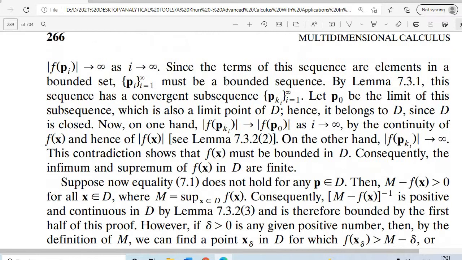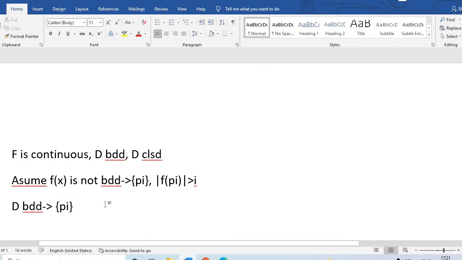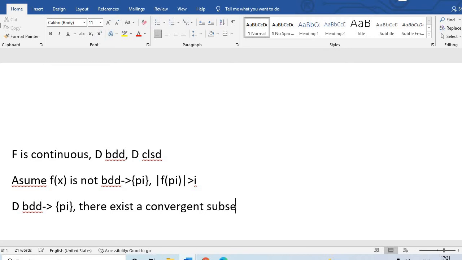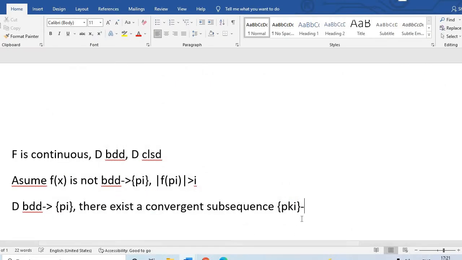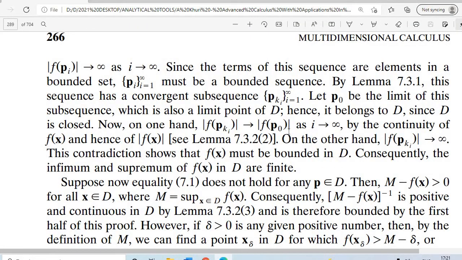So this sequence will have a subsequence pki, i going from 1 to infinity, converging to some limit that we denote as p naught.